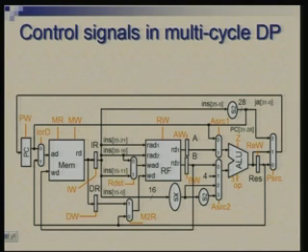Yeah, A source 1 has a choice of PC and A, and A source 2 has a choice of B, 4, this offset for load store and offset for branch. So, these are the 4 possibilities here and 2 possibilities there.